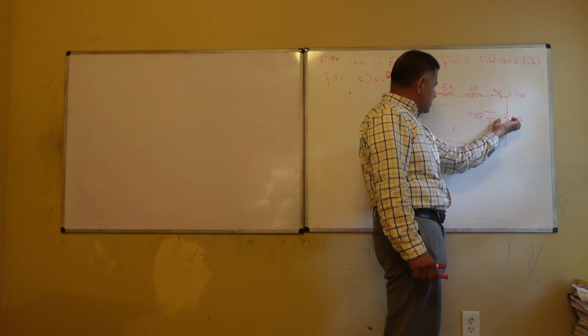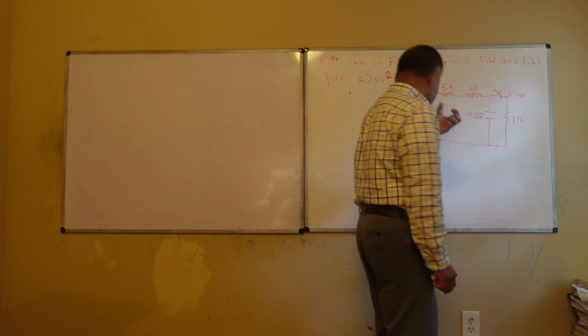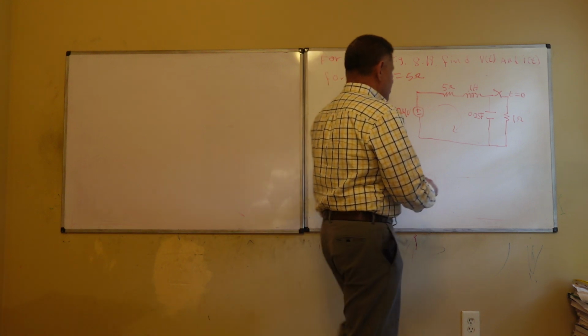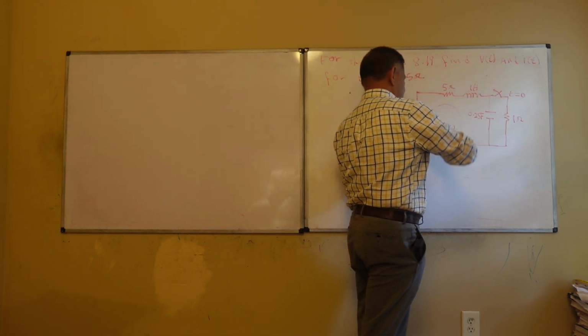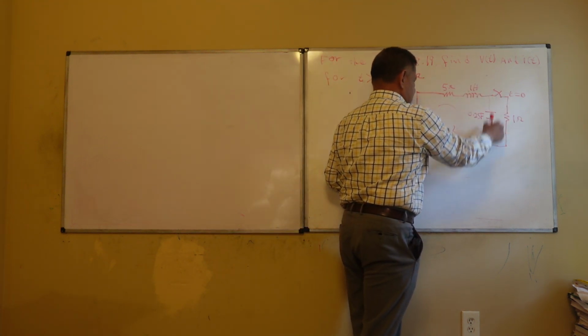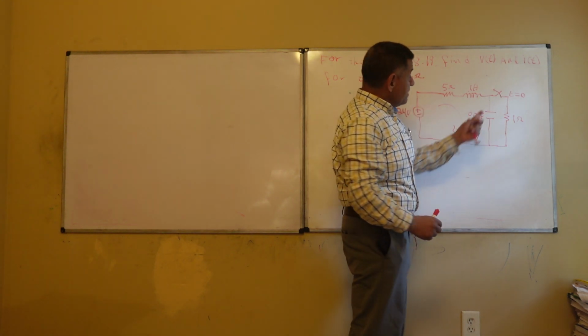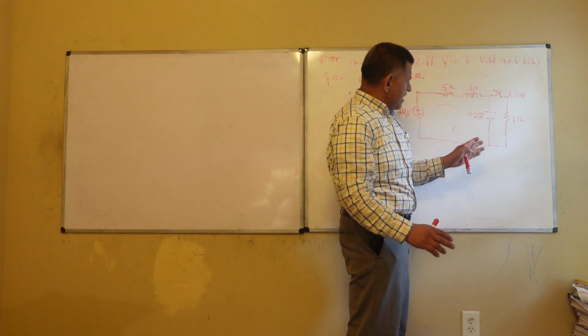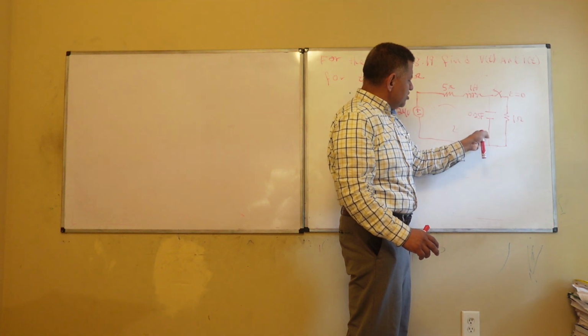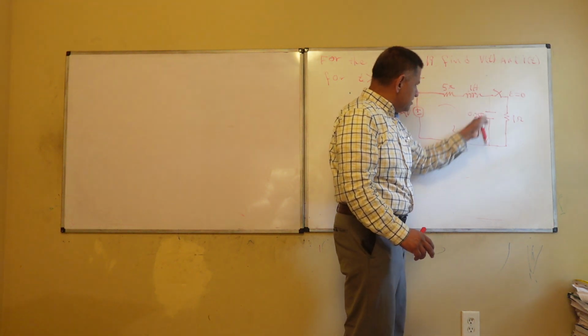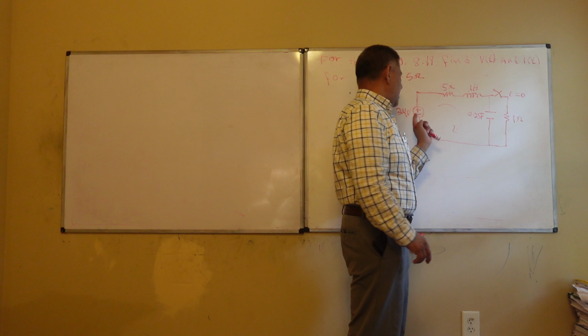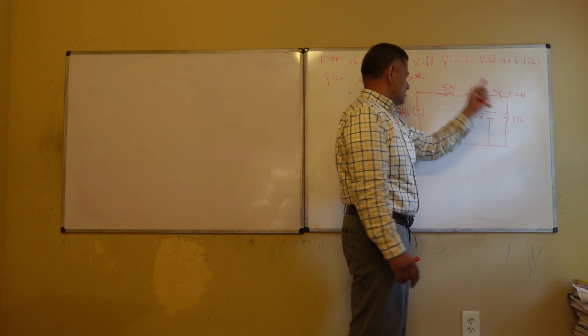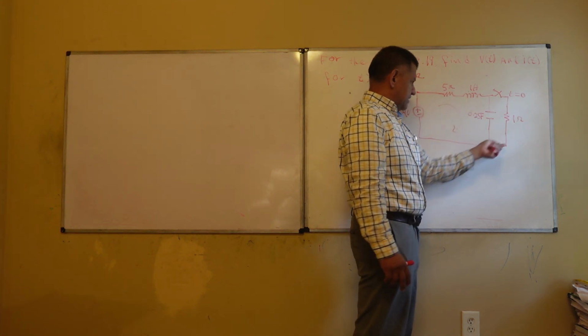We assume that this is connected to this, so we'll consider the current going around this, thinking about this as open. This has been charged for a long time, so the capacitor is acting like an open circuit right here, and the current is going around this.